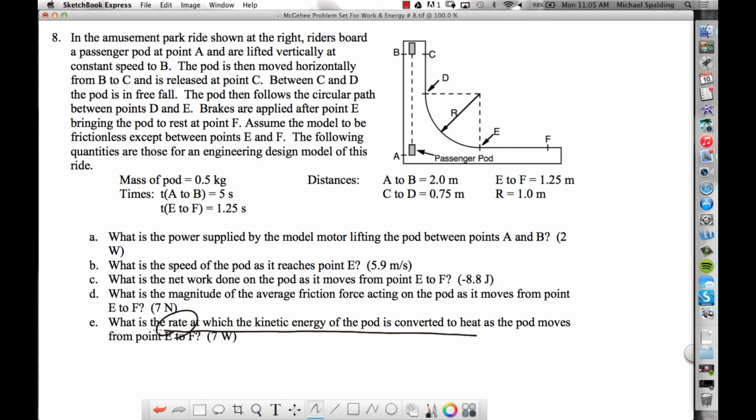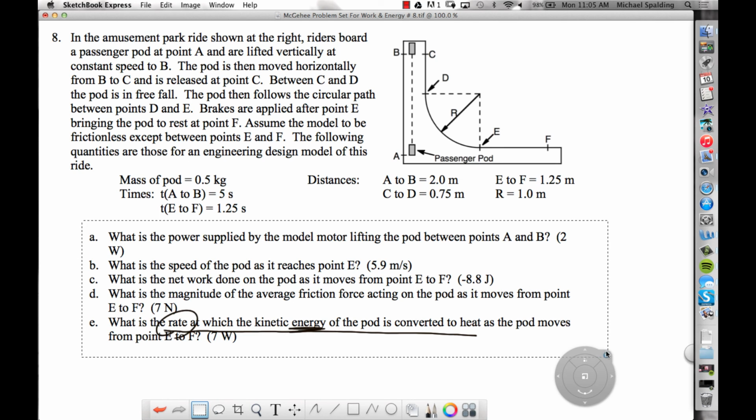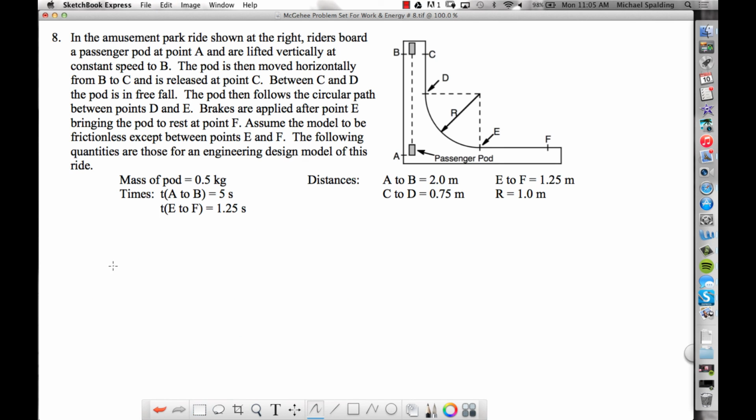Guys, what is rate? Rate is anything per time. So this question is asking for energy per time. Rate that the energy is converted to heat. So what are they really asking for here? The power. Basically, it's joules per second. So this is question E. The rate at which kinetic energy is converted to heat. So how much energy was converted to heat here? 8.75 joules, right?